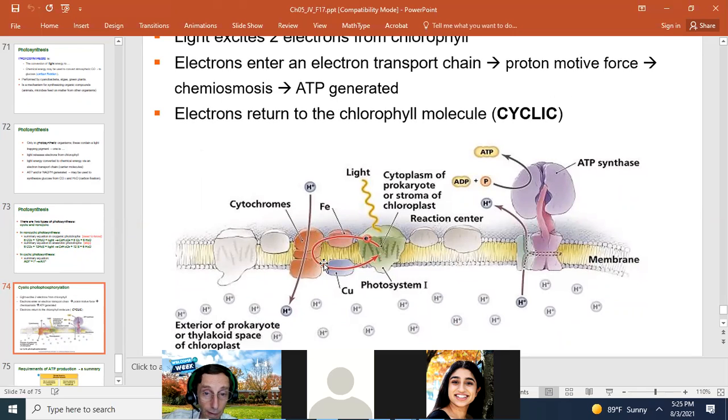And then the electron returns to the original chlorophyll molecule that the electron started from. And that's why we call it cyclic photosynthesis. The electron moves in a cycle and it returns to its starting position.